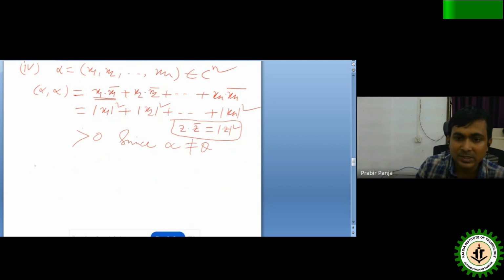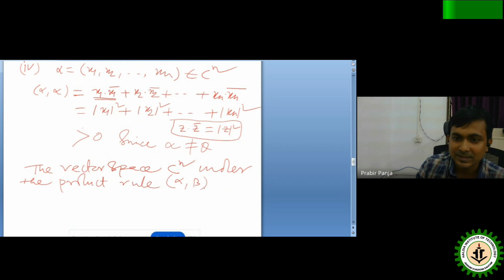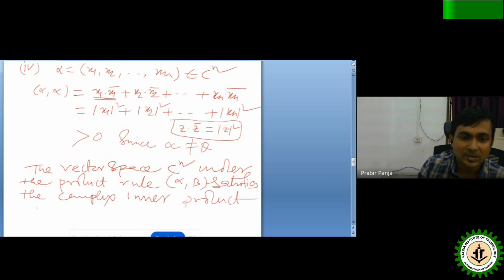Ultimately, we can say that the vector space, the n-dimensional complex space C to the power n under the product rule alpha comma beta, satisfies the complex inner product space conditions.